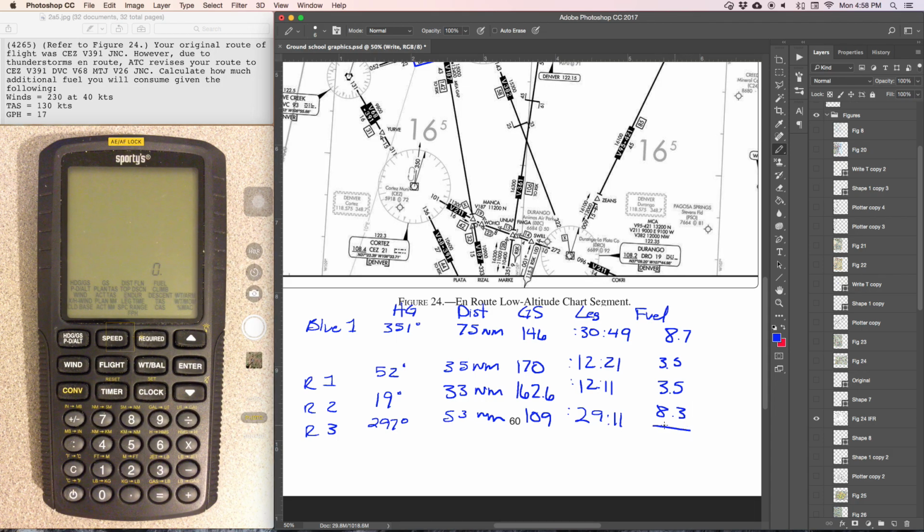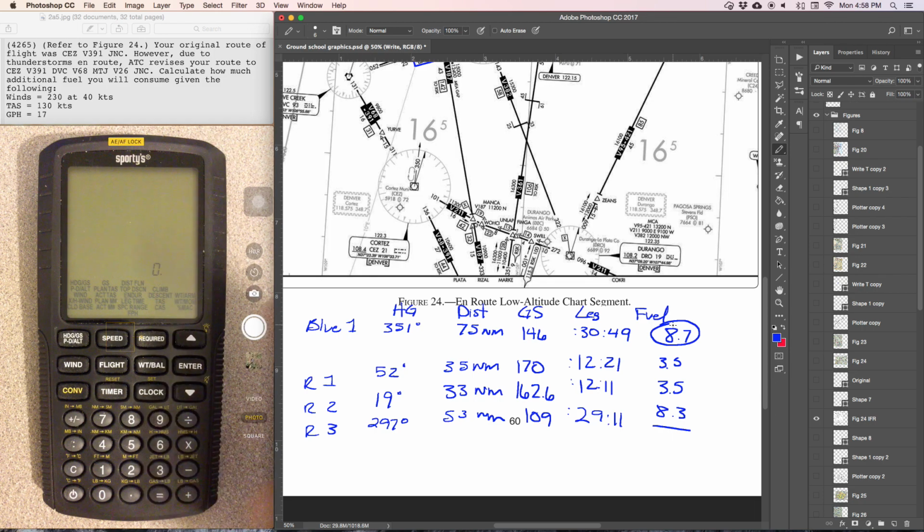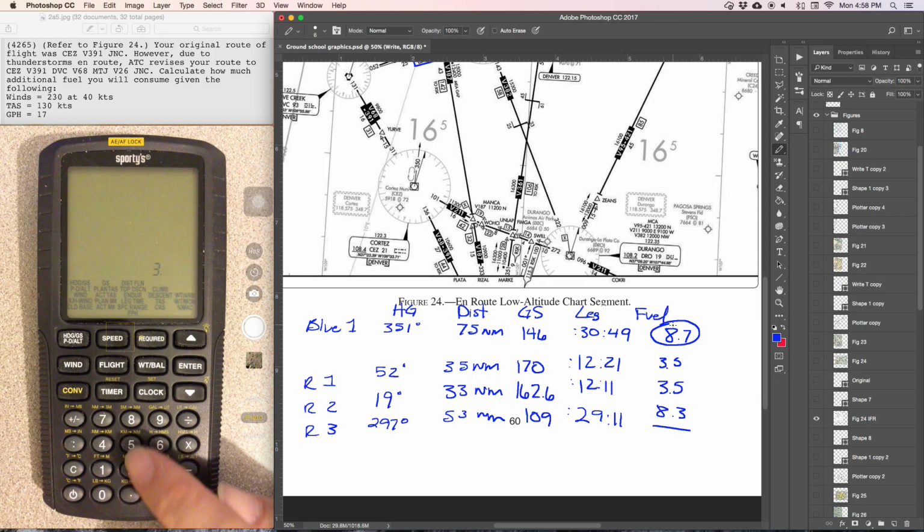So total for the original route was 8.7, and then total for the new red route that we've been vectored onto is going to be 3.5 plus 3.5 plus 8.3, which gives us a total of 15.3.